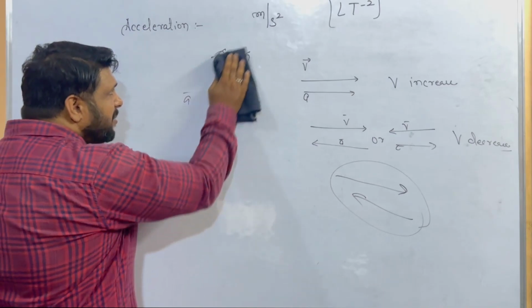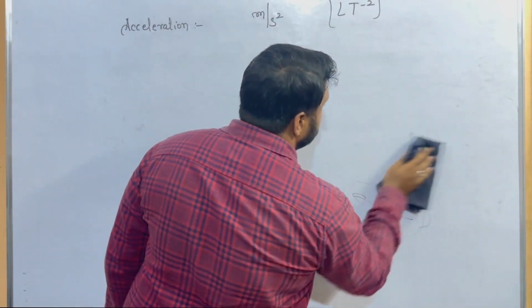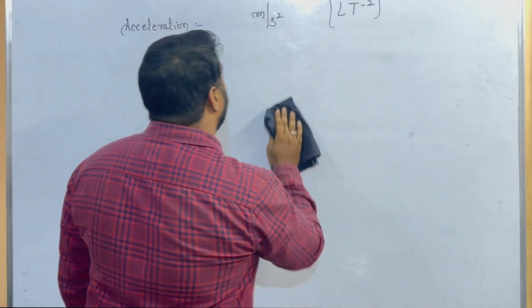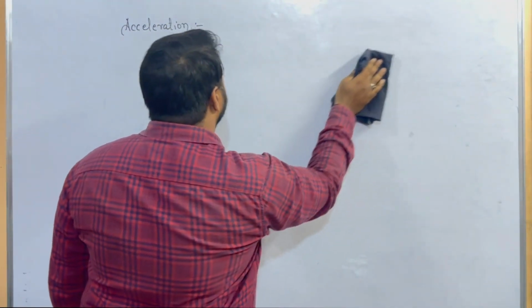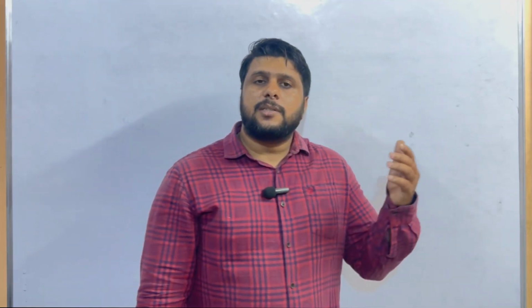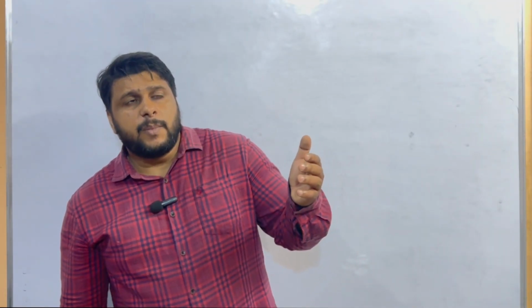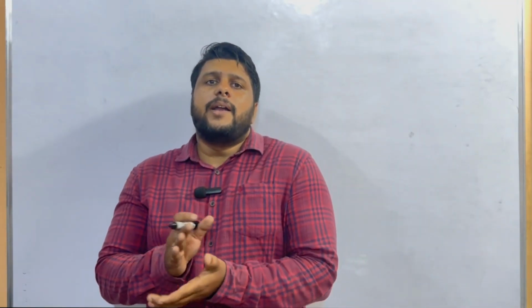Because these things will be used in your motion under gravity, where I am projecting a ball in this direction and gravity is acting in this direction. When the directions are opposite, the resultant velocity will decrease. When my velocity is decreasing, that means retardation is acting.